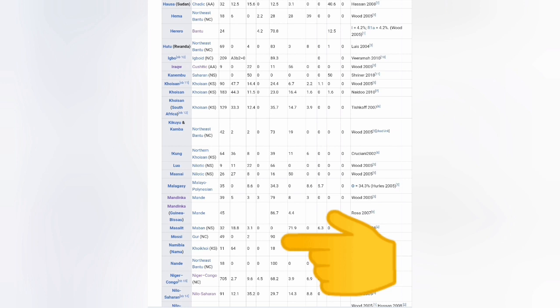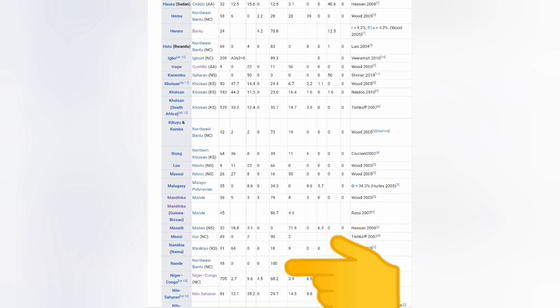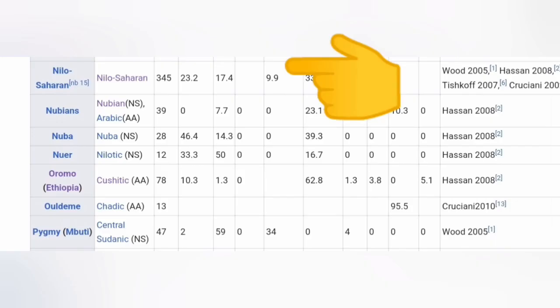Khoi Khoi is 18%, 100% in Bantu, 68% in Niger Congo, 29% in Nilo Saharan, 9.9% in Nilo Saharan.